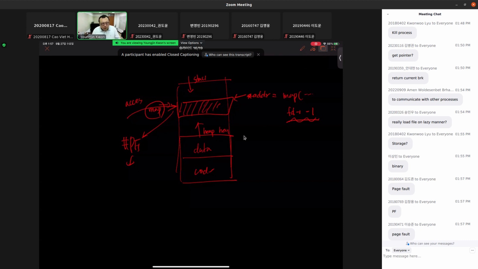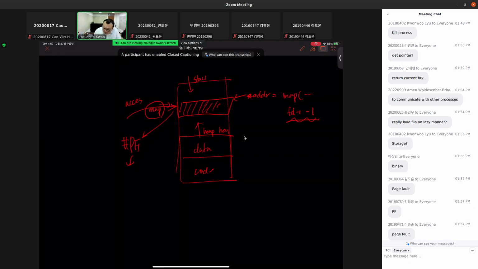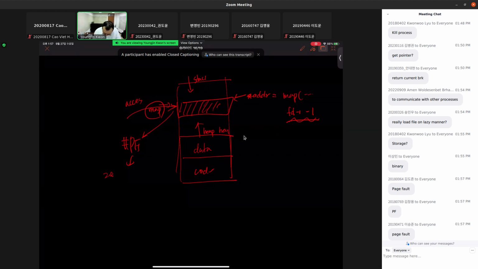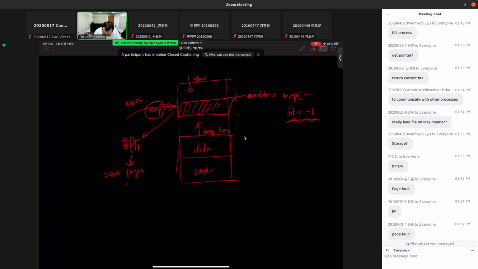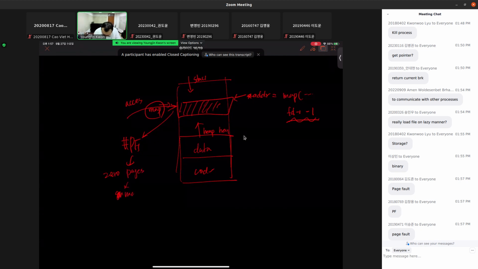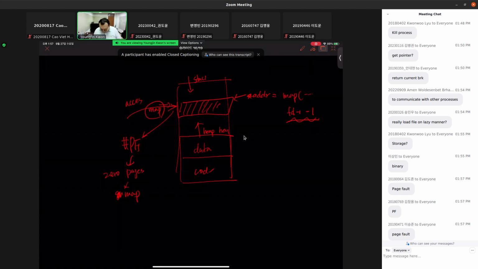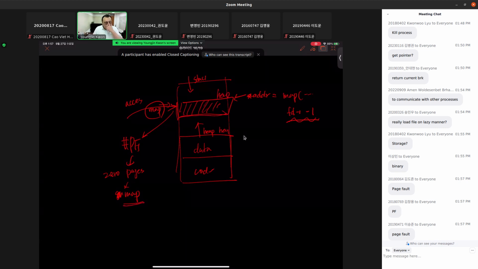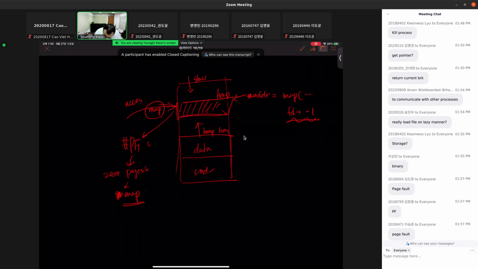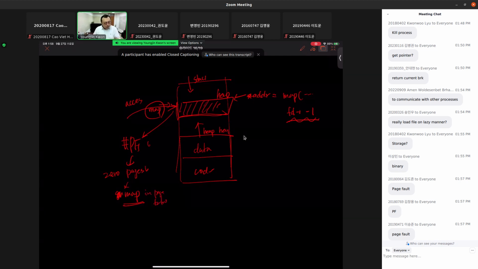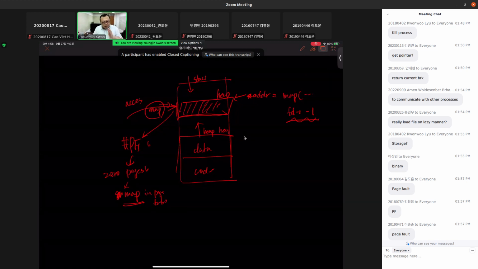If mmap allocates somewhere in the heap and the access happens, this page fault zeroes a page and maps it in the page table. So this region is allocated at this point by zeroing it.